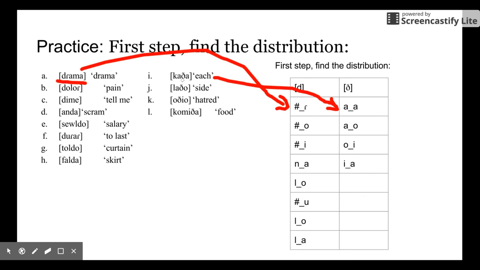The sound is between two R sounds, right? And then this one is this one. The sound is between R and O, right? And then you do the same thing for this one and for this one. Okay, then we have a table of the distribution.